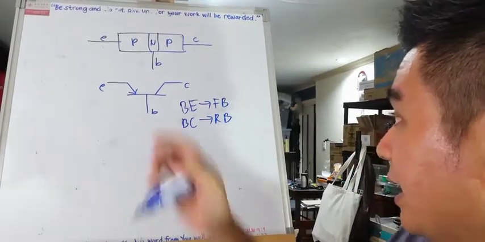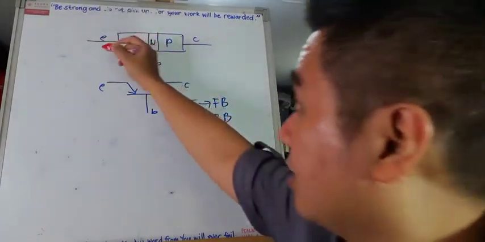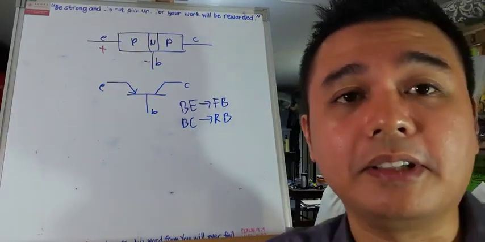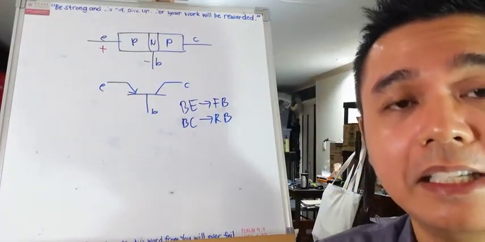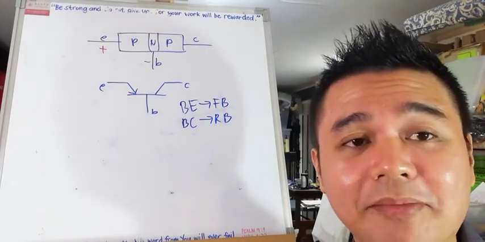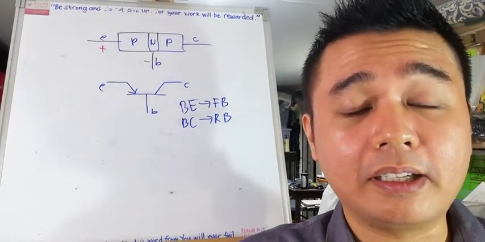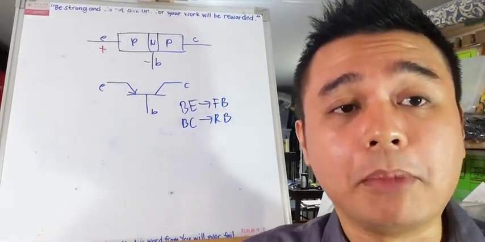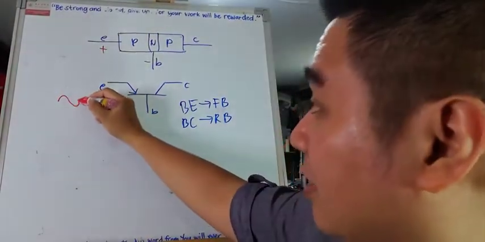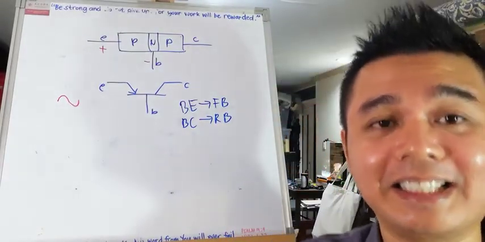So when our base and emitter junction is forward biased, let's just put plus and minus polarities here to indicate that it is forward biased. We will have a resistance. And it is determined by the Q point if our input is DC. But what if our input is AC? The purpose of this amplifier is to amplify an input AC signal.